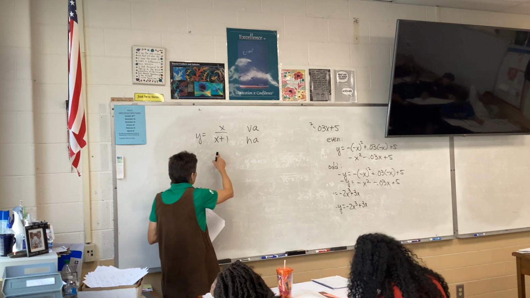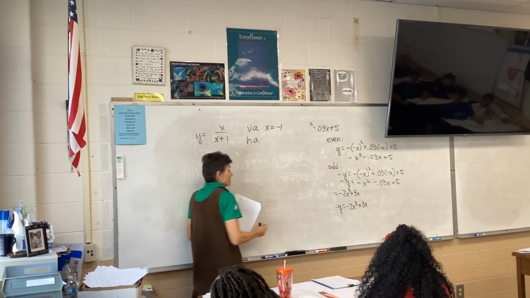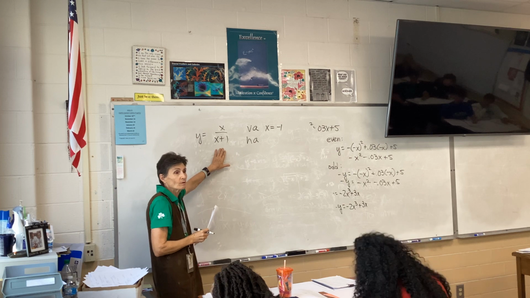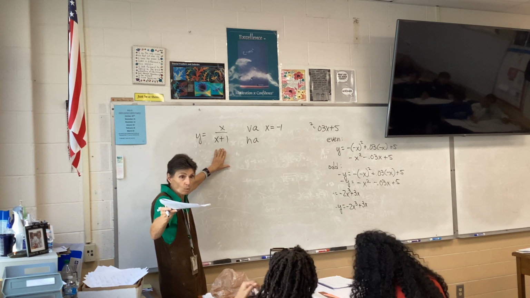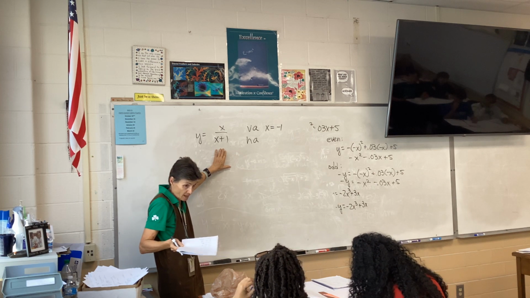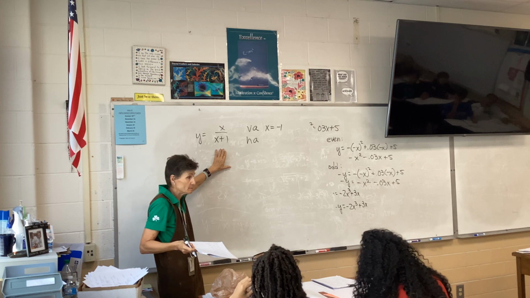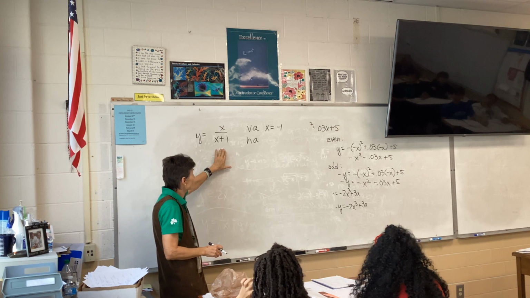My vertical asymptote is going to be at -1. Why? Because if I put in -1, I get 0, and 0 is not allowed, right? x cannot be -1, so vertical asymptote.